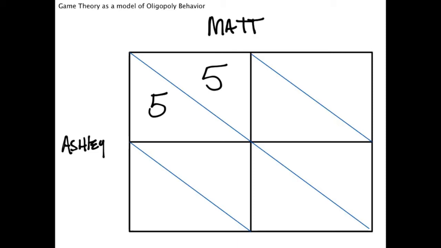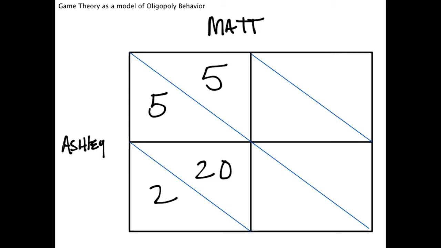And so he goes up to Ashley first and says, "Hey, if you confess to this armored car robbery, and Matt doesn't confess to that, you're going to get 2 years, and Matt's going to get 20. However, just the opposite is true.